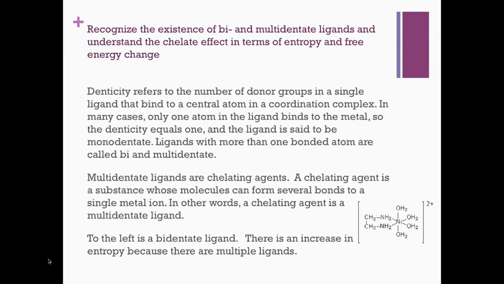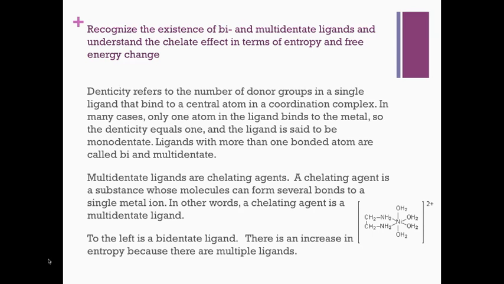All that means is the number of donor groups in a single ligand that binds to a central atom in a coordination complex. In many cases, only one atom in the ligand binds to the metal, so denticity equals 1, and the ligand is said to be monodentate. More than one bonded atom, say 2, is bidentate, and 3 is multidentate or polydentate.